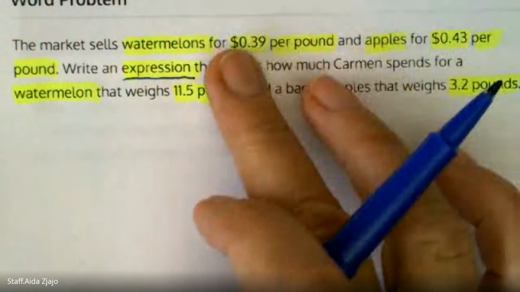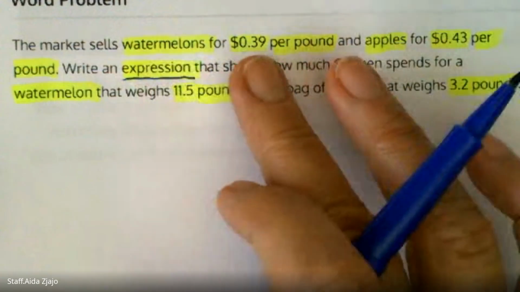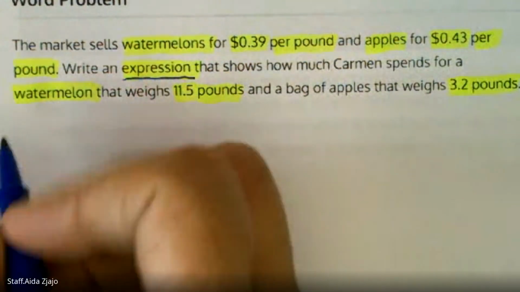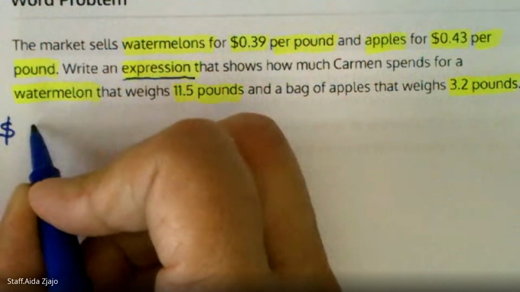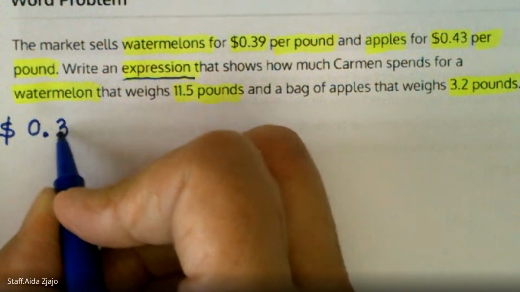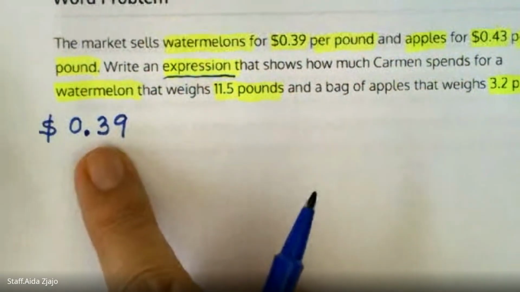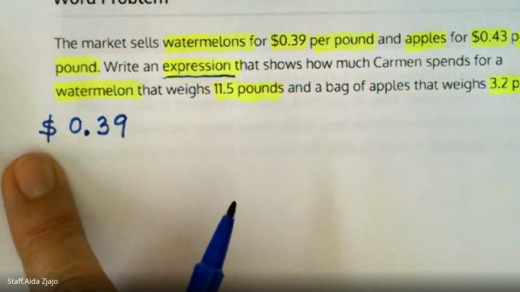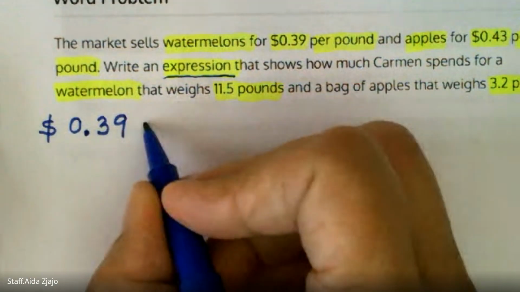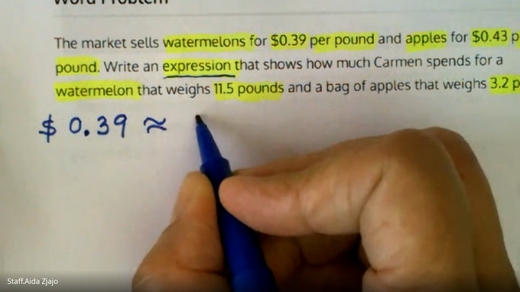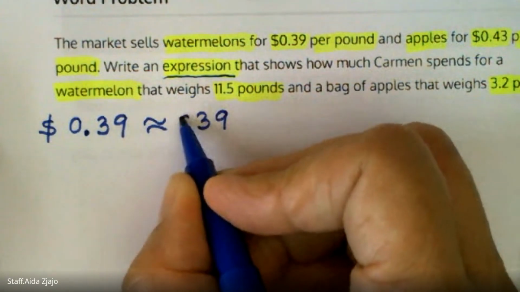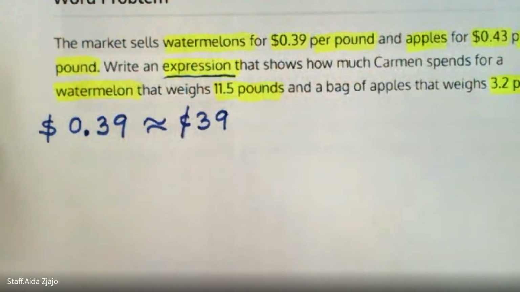We know that watermelon costs 0.39, 39 hundredths of a dollar, or we can say this is also 39 cents. That's another way to see it.